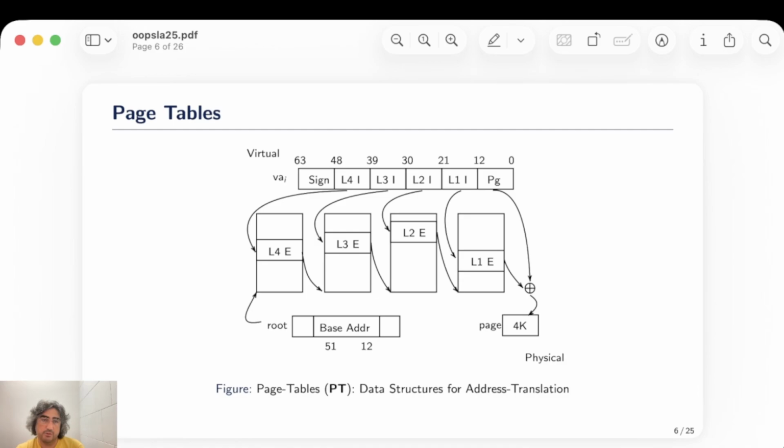The traversal starts at level 4, the top level, and each time for the next level we calculate the next level table's address, get the index for that table's entry from the virtual address, and then access that entry. When we are done with each level, we finally reach the physical page.